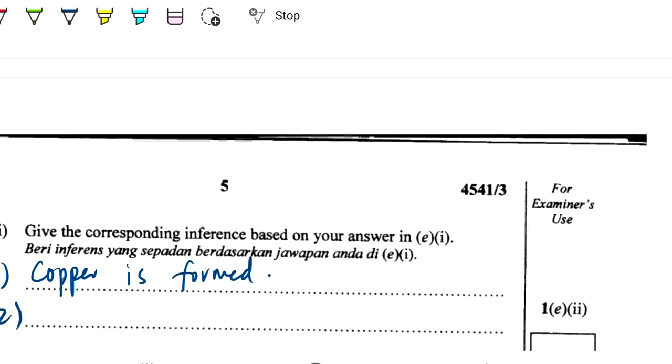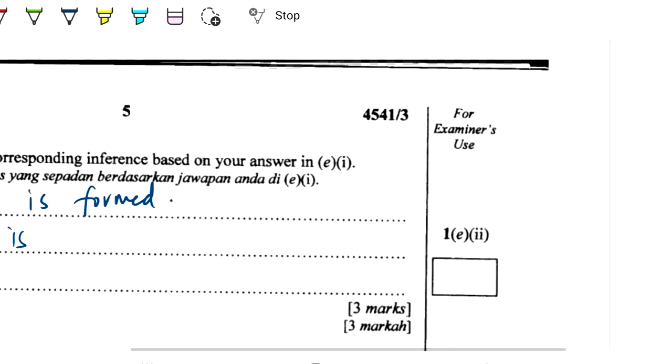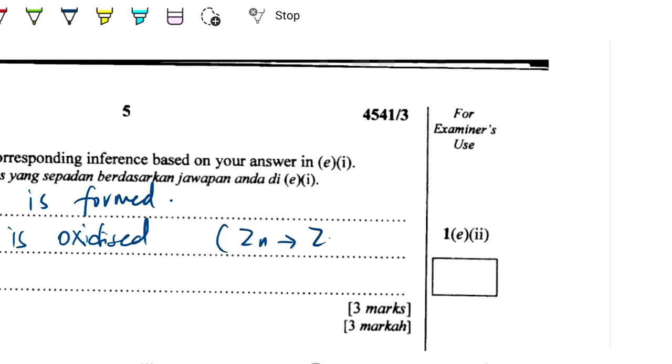Number 2, zinc dissolves, meaning that zinc reacts, or zinc is oxidized, because zinc is changed to zinc ions by releasing 2 electrons.